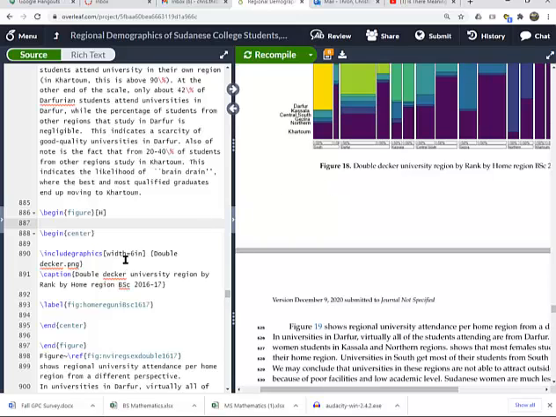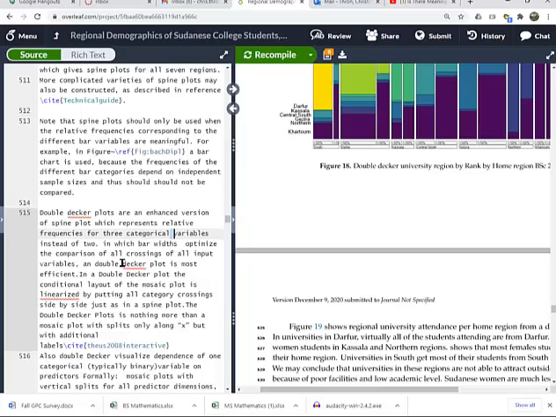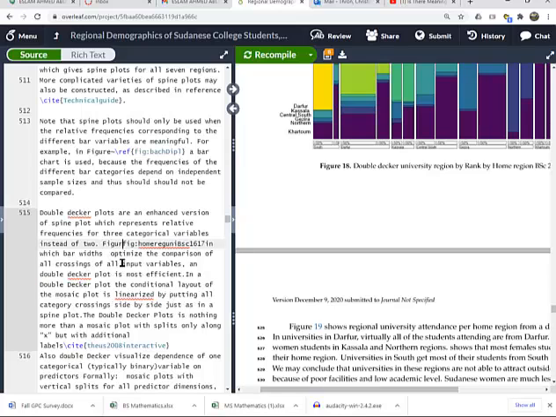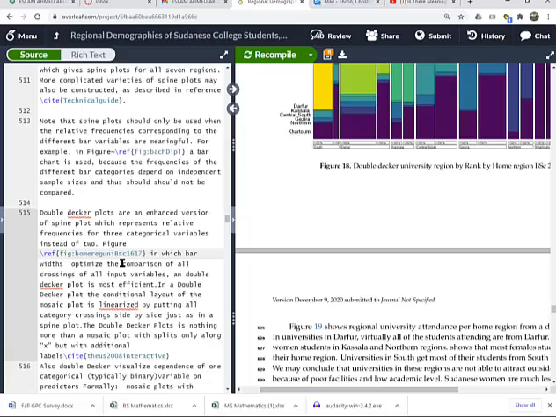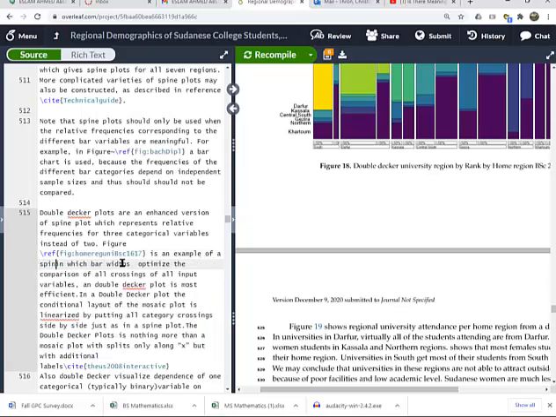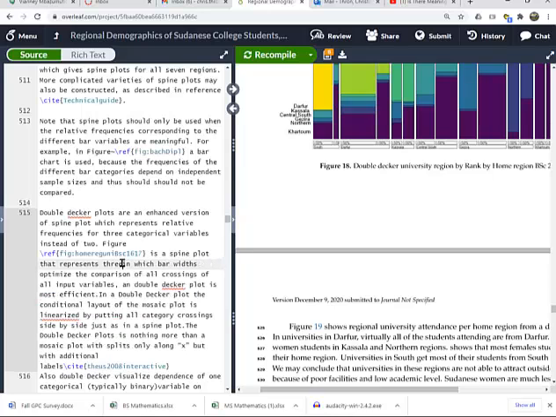So this figure is an example of a double-decker plot that represents 3 categorical variables.